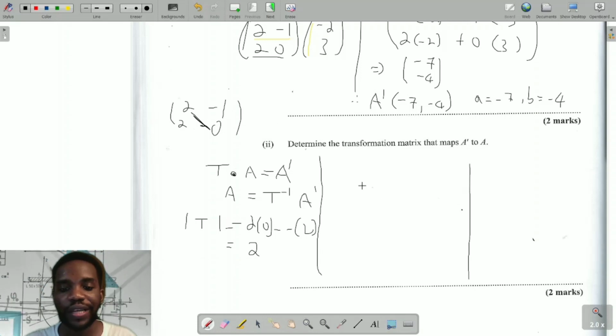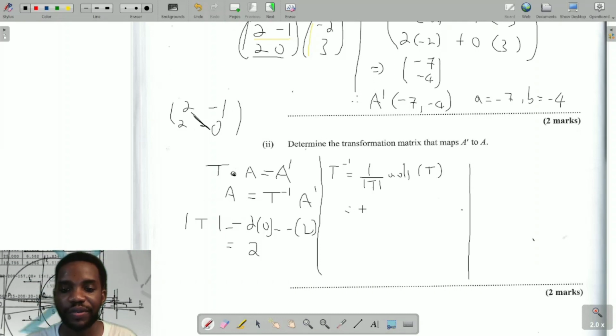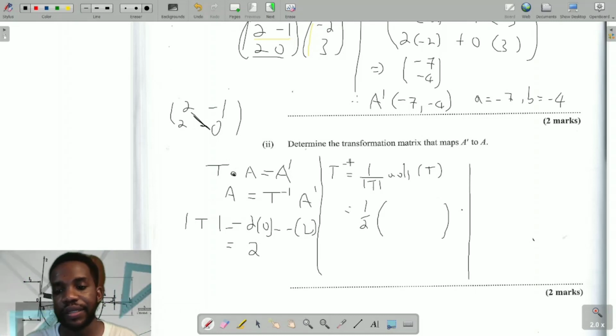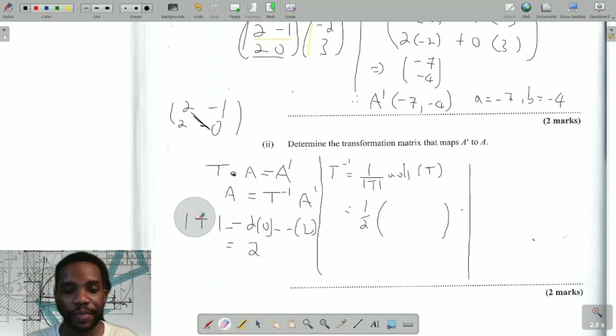Now, how do I get the inverse? T inverse is equal to 1 over the determinant of t times the adjoint matrix of t. Now let's put this into context. So I'm going to have 1 over 2 multiplied by the adjoint matrix. Now what do I do? Now let me rub this out right here.